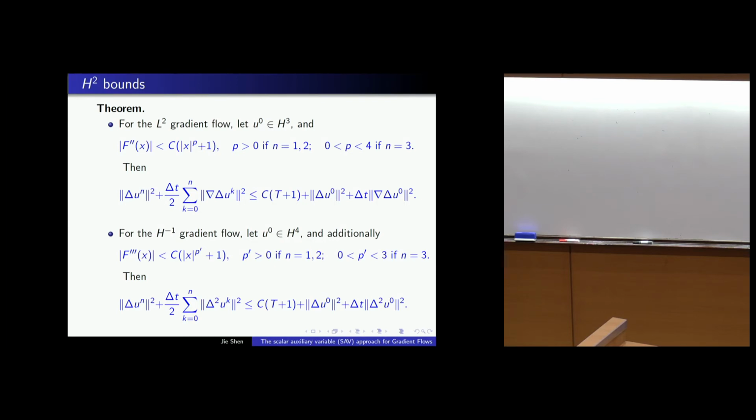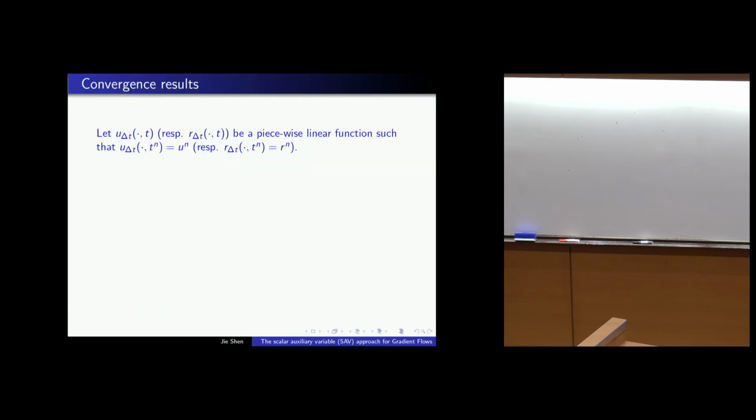So for polynomial type nonlinear potentials, you can have uniform H2 bounds, and once you have the uniform H2 bounds, then you have everything else. So here you see that for 1 dimension and 2 dimensions, the polynomial degree can be any order, and for 3 dimensions, the polynomial degree has some restrictions, but it covers at least the double well potential.